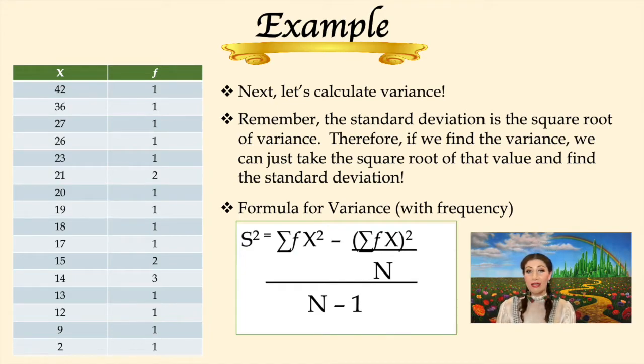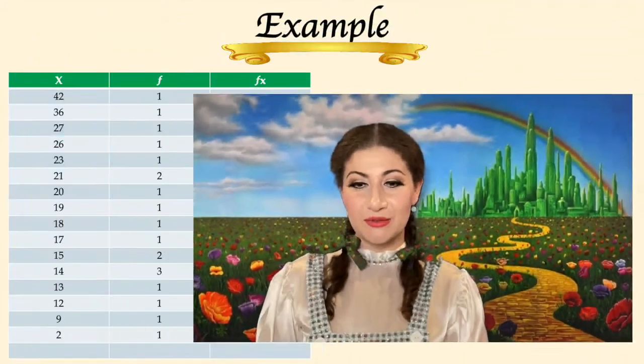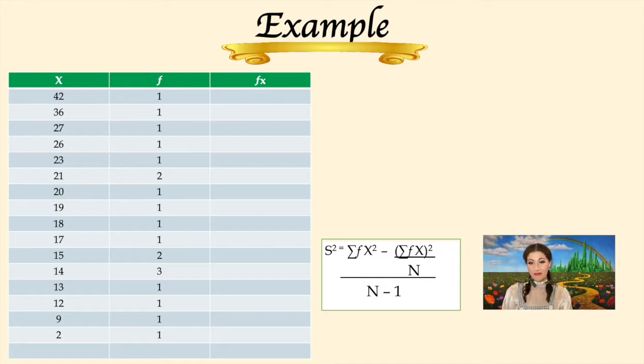So again, the variance is equal to the sum of f of x squared minus the sum of f of x, then squared, divided by n, all over n minus 1. Because we have all of these sums of f of x, it looks like that's the first column we should try to calculate. So let's go ahead and set up our f of x column. Remember, if you see two symbols side by side, that means the two numbers need to be multiplied.